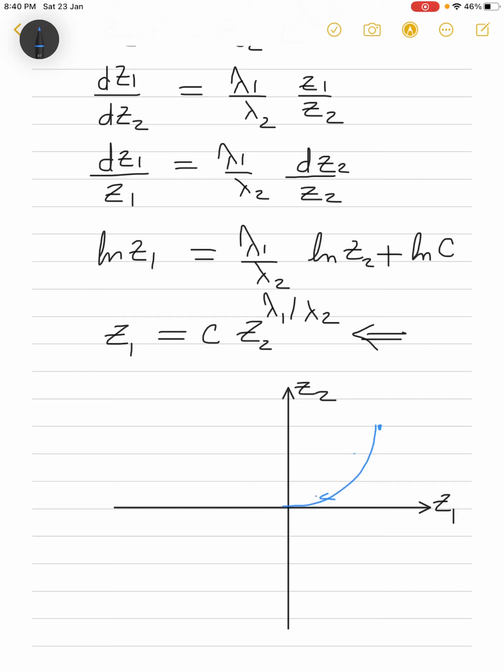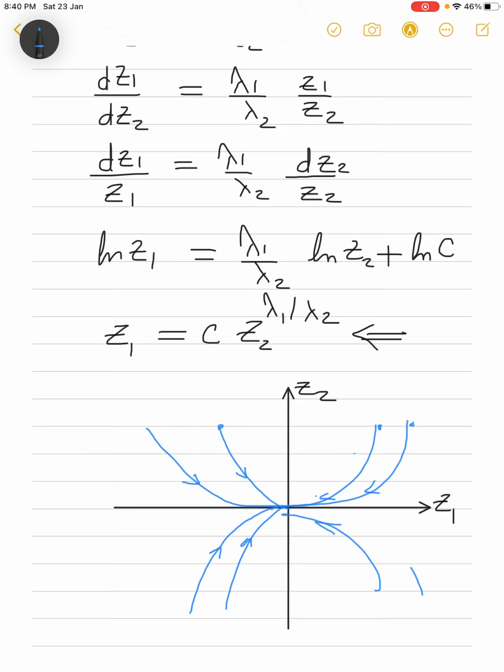Of course, if we change the initial condition, we can get another solution, and that could be in all regions around the origin, like this. So every plot here corresponds to a certain initial condition.